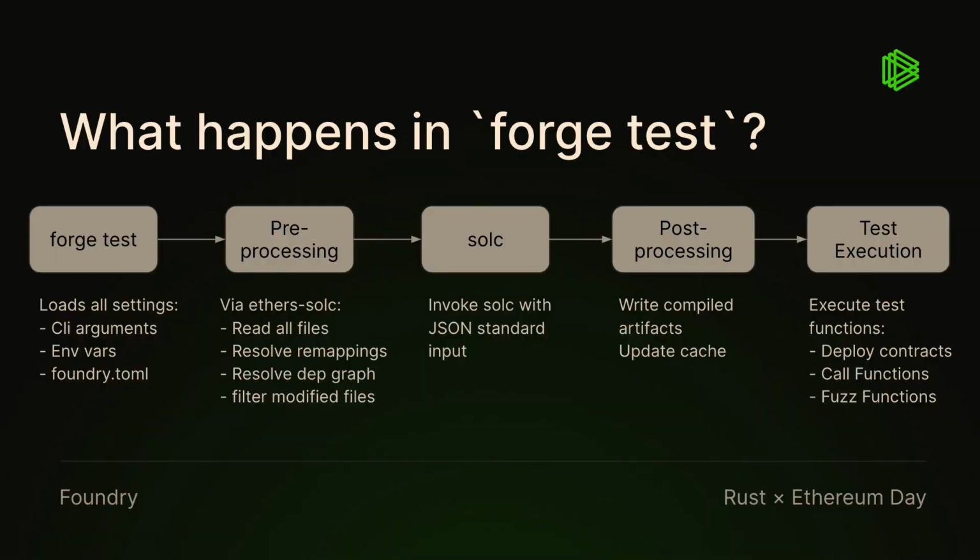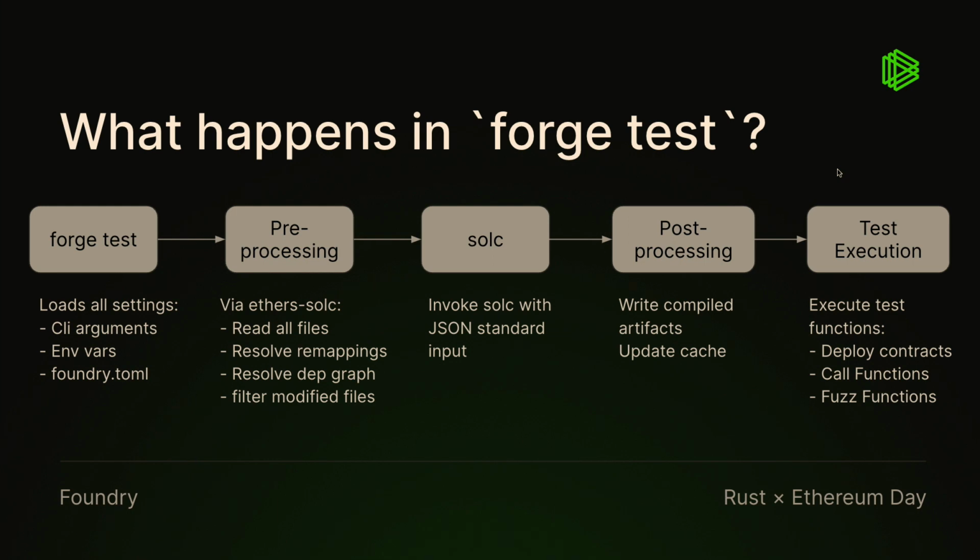But what happens internally when you call forge test is that we first prepare the solc call that eventually is invoked. And this includes loading all the forge CLI arguments, like if you have a filter for specific functions or contracts that you want to run, then this is handled here.